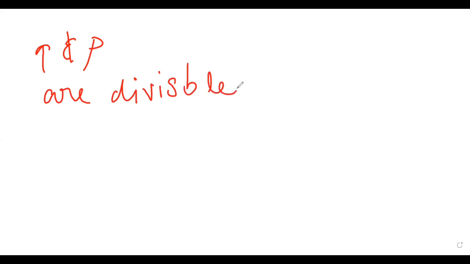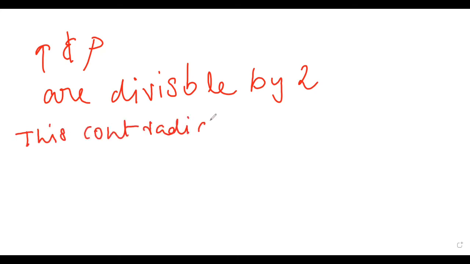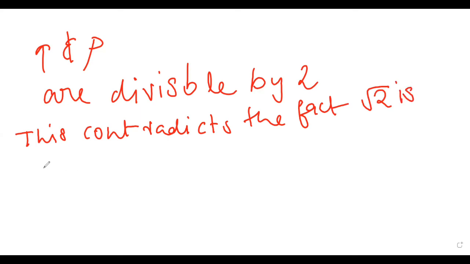So now comes the main part. Since they are co-primes, it's not possible that they will be divisible by 2. So this is contradicting. It's not correct. Our assumption is completely wrong. In our exams, we have to write that this contradicts the fact that root 2 is rational.